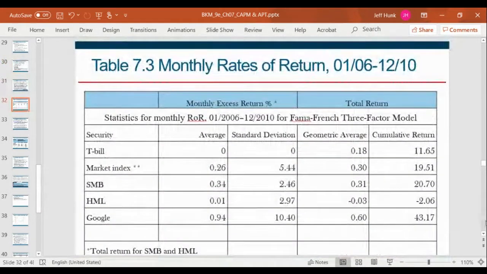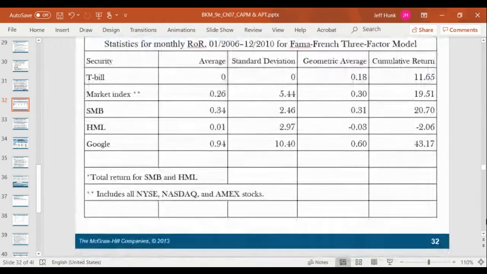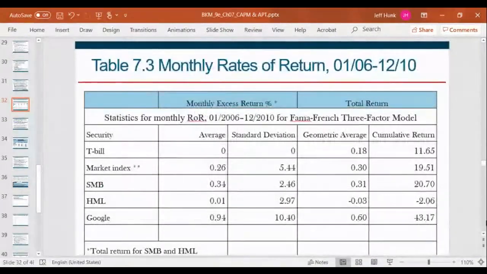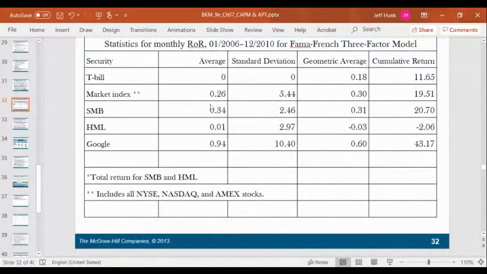So the monthly excess returns are not exactly the source data for running that regression model.